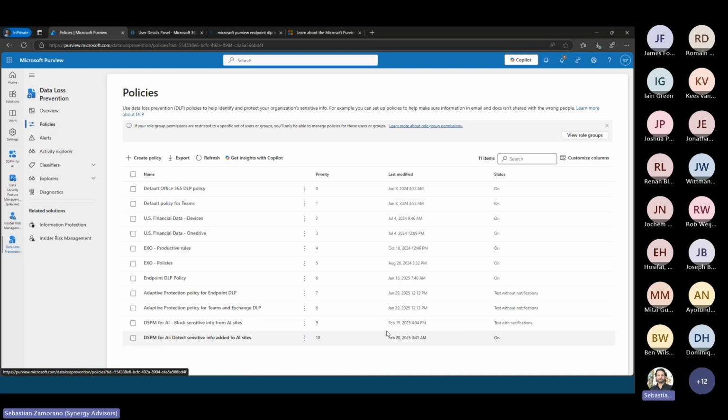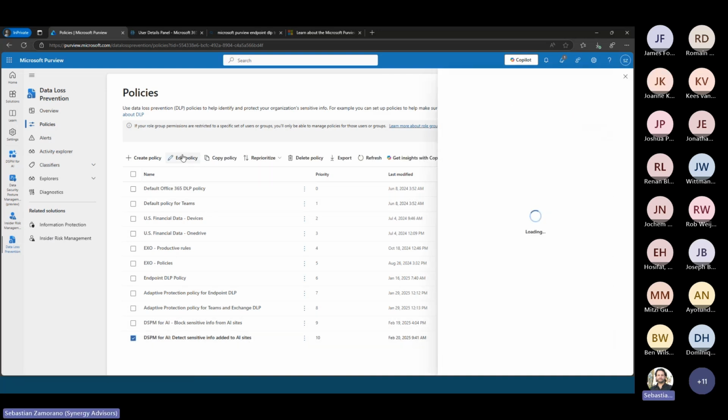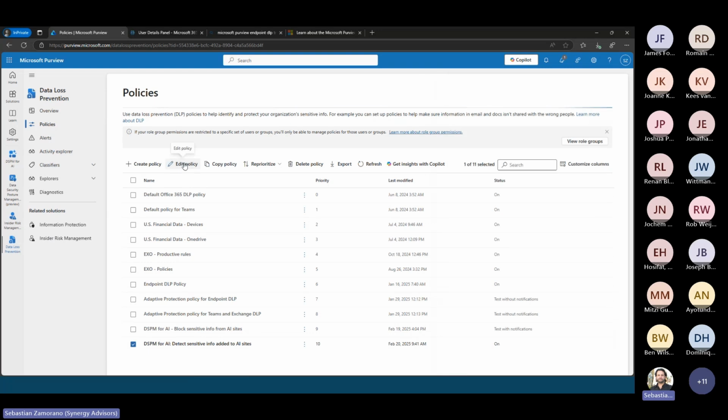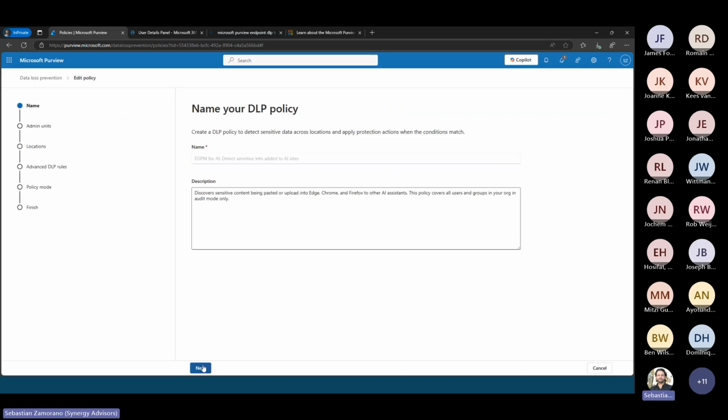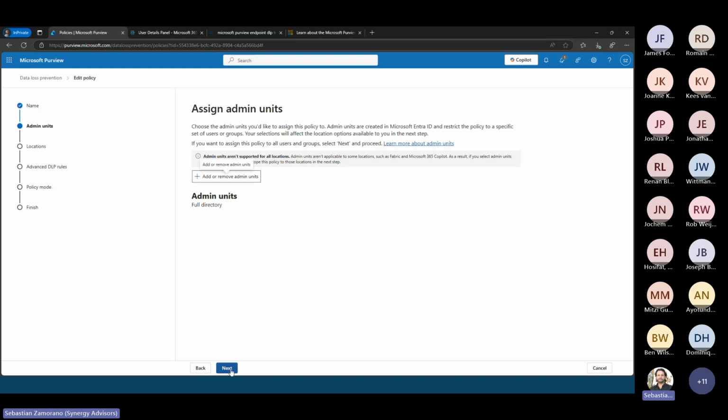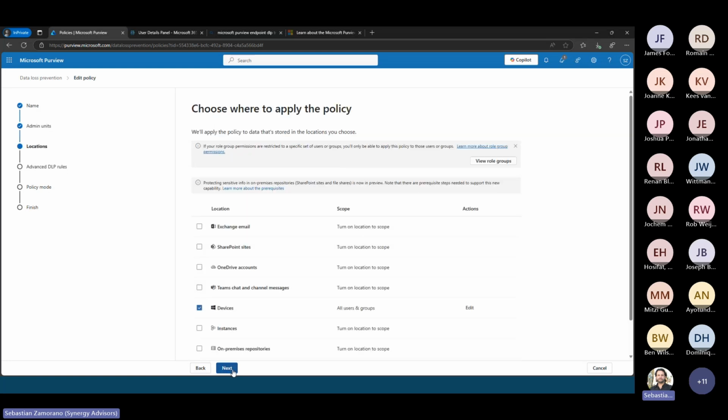Let me select this one that is on. We can review the policies, but in general, having the policies, you have the logs, and the logs are used to generate the data. You can see devices. The endpoint DLP part is one of the most important points here, because it's the way we have to identify what is happening on the endpoint devices.